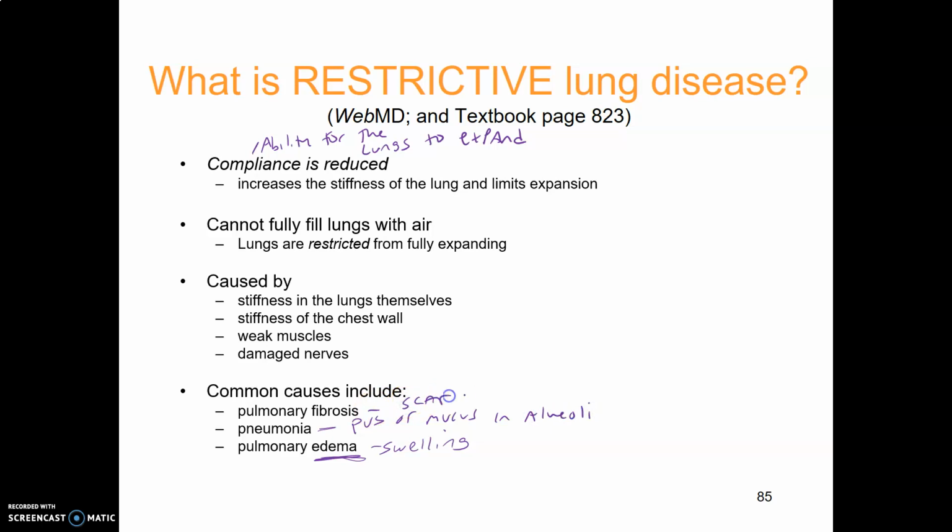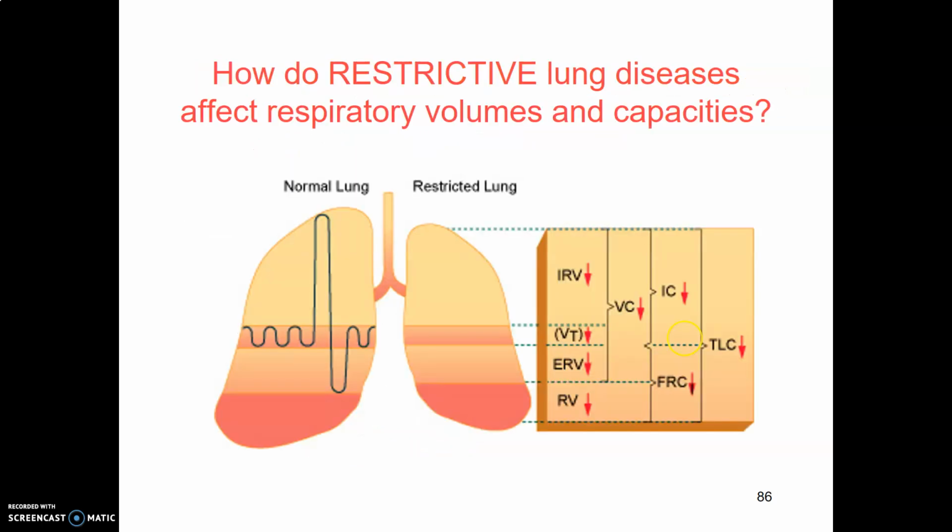Fibrosis is scarring. So in any of those instances, whether it's pneumonia, pulmonary fibrosis, or pulmonary edema, the lungs are not able to expand when you take a breath in, so when you inhale.